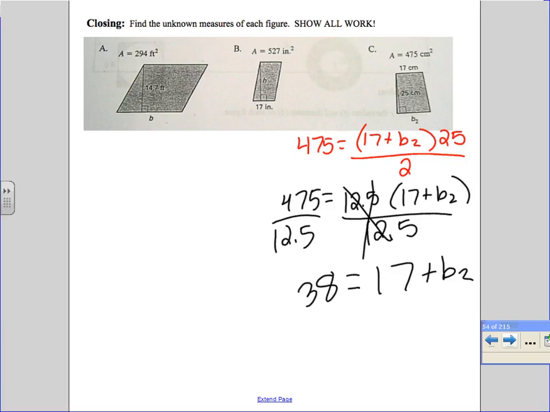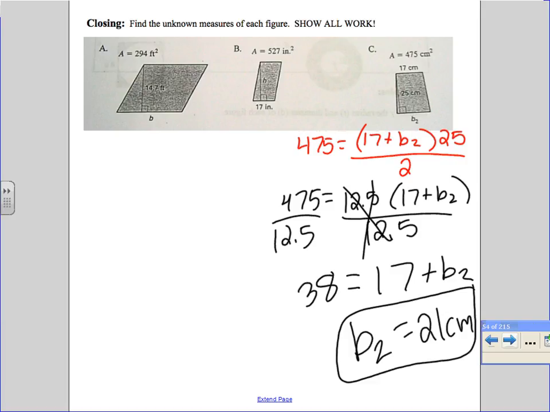No matter what way you solve this, Joseph, did you do it the other way? What did you get? Yep, you got it. So no matter what way you do this, you should get that base 2 is 21. Jordan, you okay? Josh?